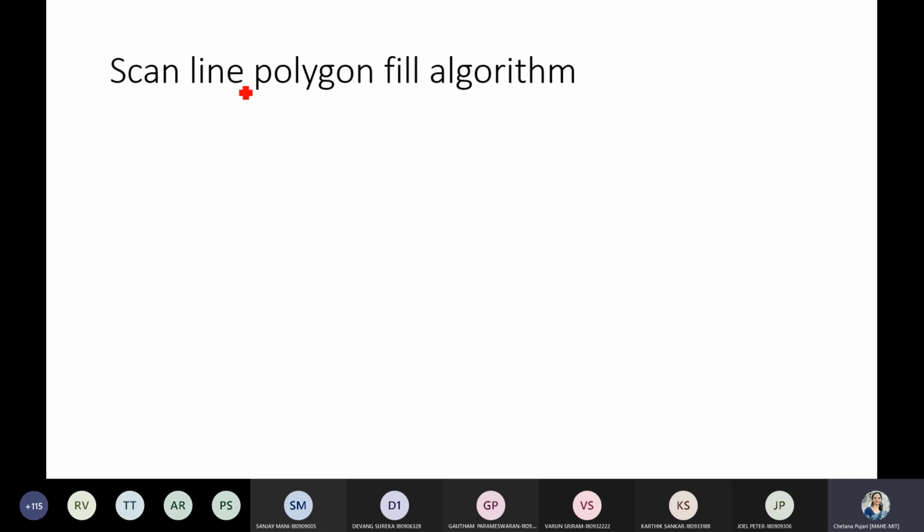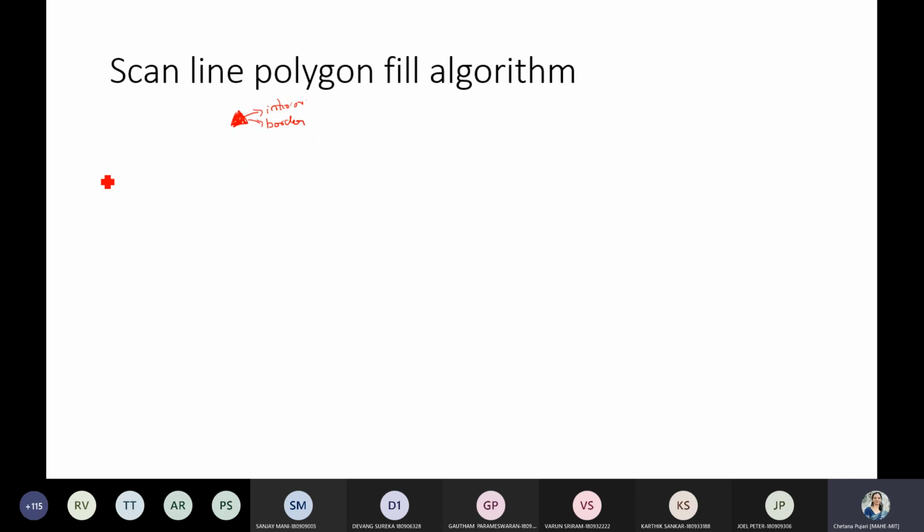We want to fill a polygon with some color, right? So for this you need to find all the polygon pixels which are interior to the polygon and its border. The pixel at the border, because the border is a different color and the interior you want to fill with some different color, hence you need to know both of these.